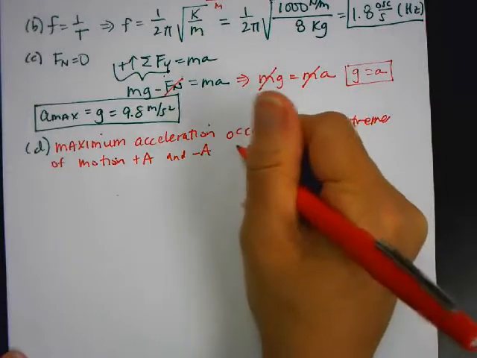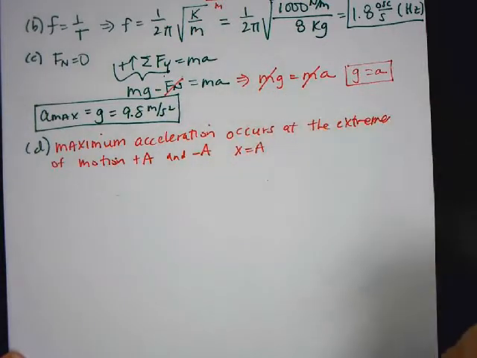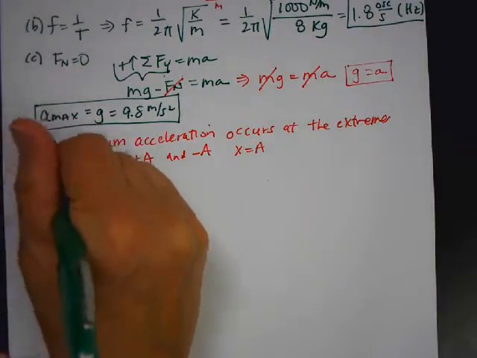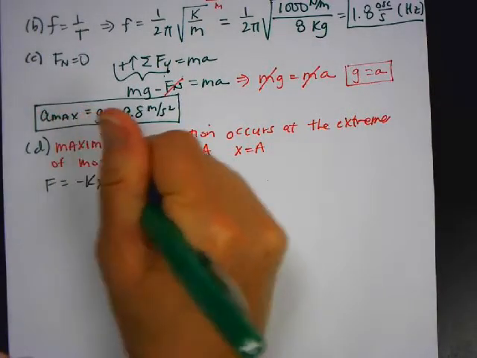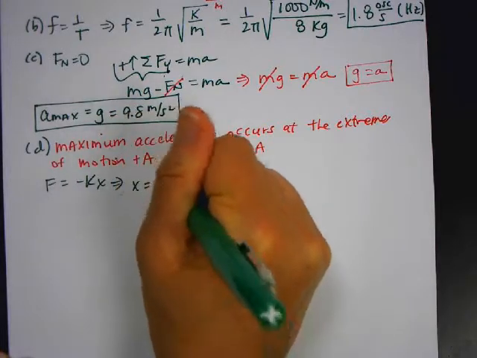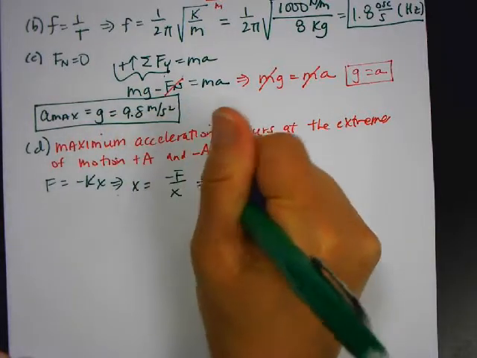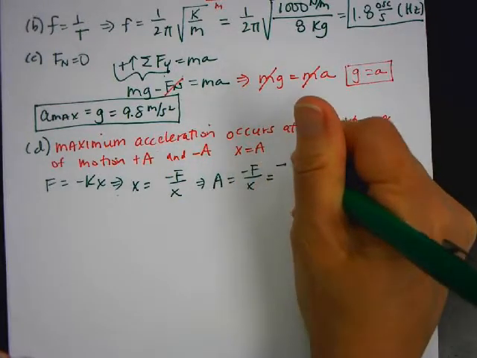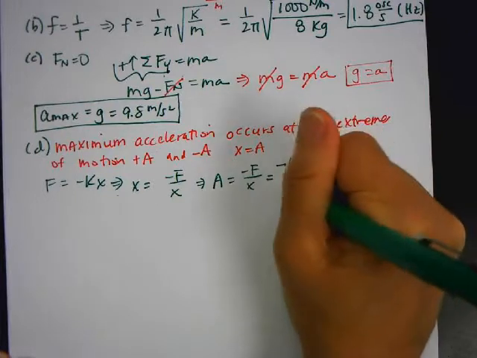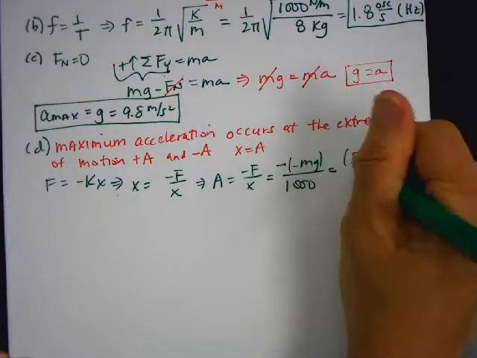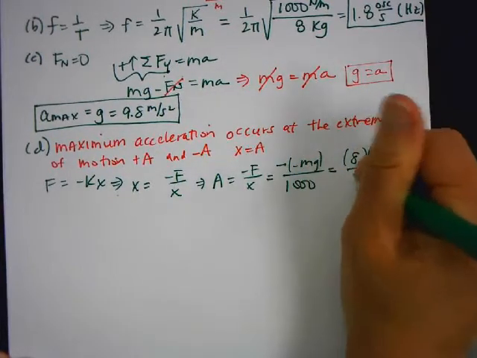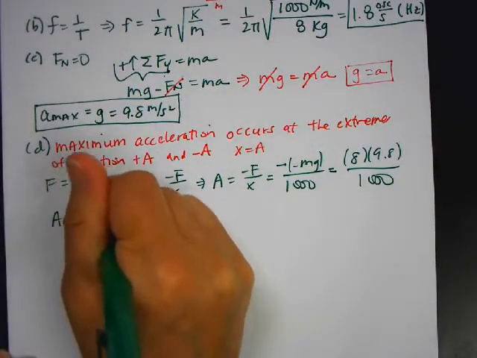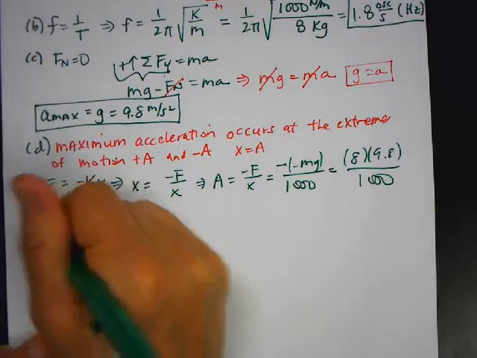So what we're solving for, x, is going to be the amplitude. If I use Hooke's law again and say F is equal to minus kx, and x is equal to negative F over k, this is actually the amplitude. So negative, negative mg over 1,000, and I'll substitute in 8 times 9.8 over 1,000. When I do all this, the amplitude is 0.078 meters.